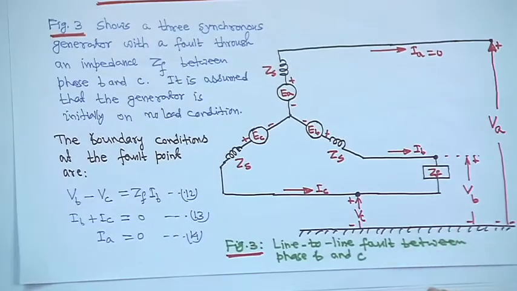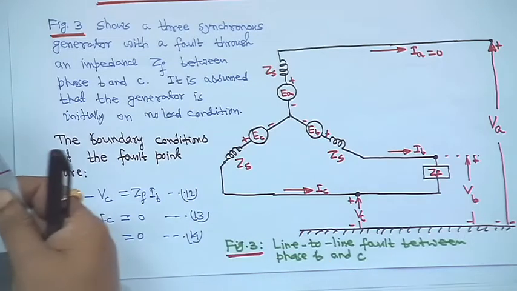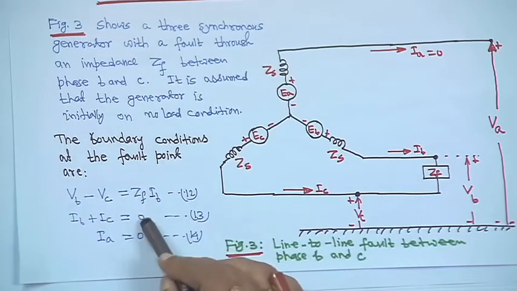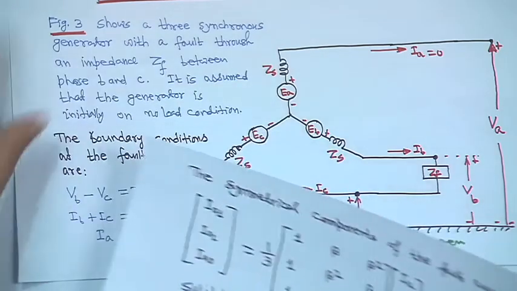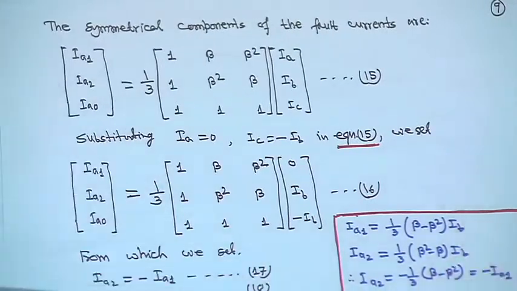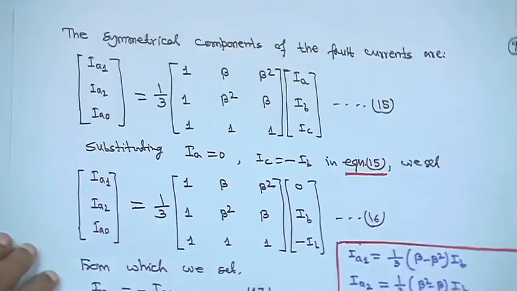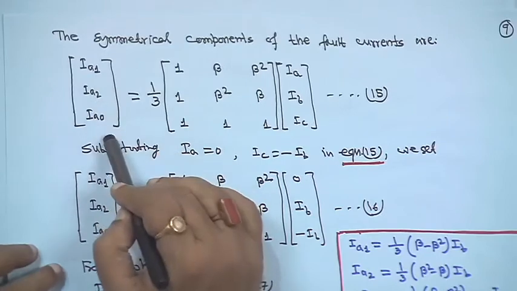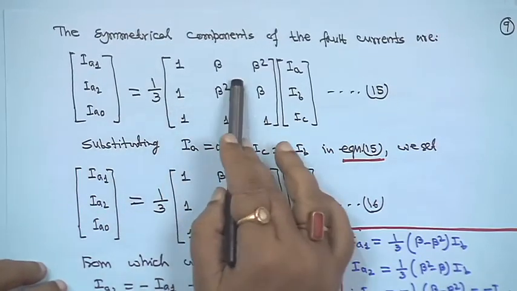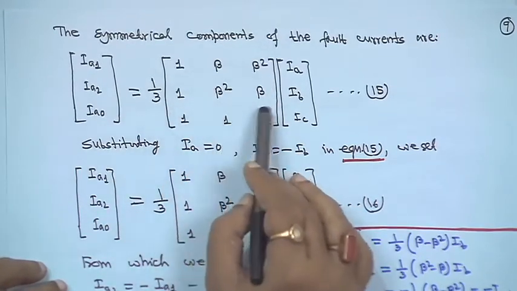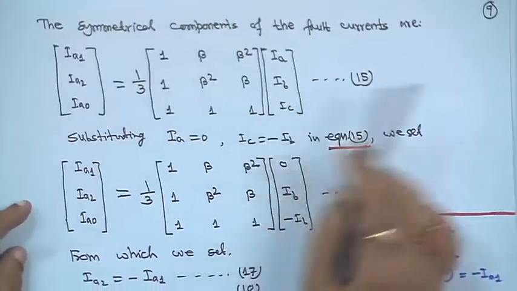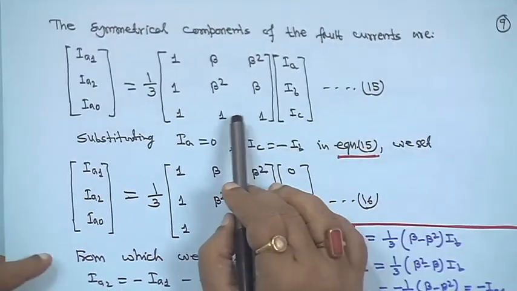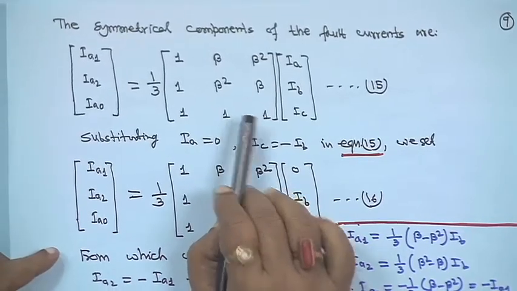So now, with this fault condition, we will try to find out other things. The symmetrical components of the fault currents are: we know IA1, IA2, IA0 is equal to 1/3 times the matrix 1, beta, beta square; 1, beta square, beta; and 1, 1, 1, multiplied by IA, IB, IC. This is rewriting the equation from the previous topic, the symmetrical components.